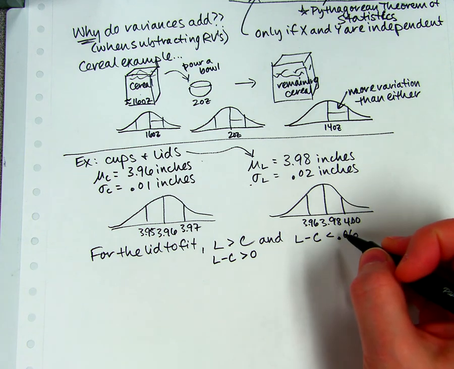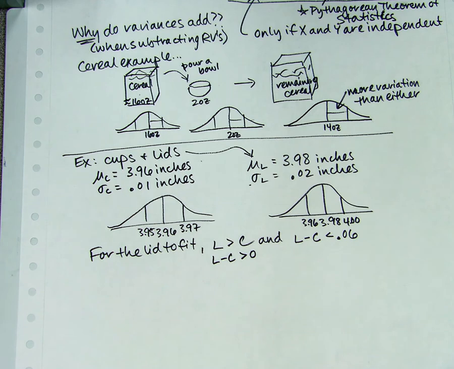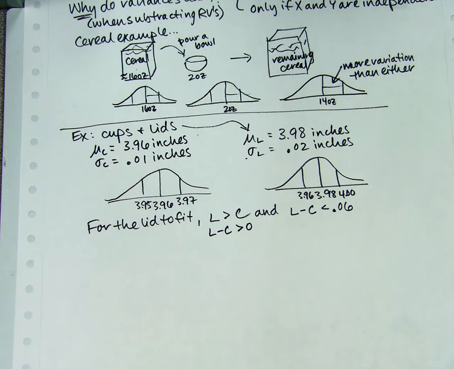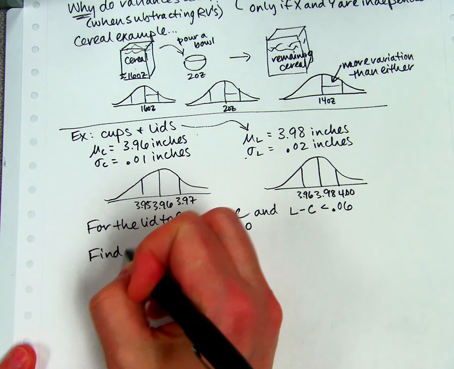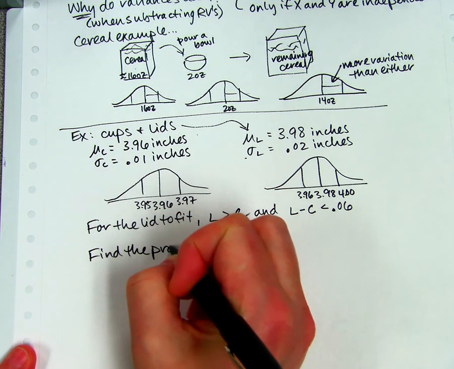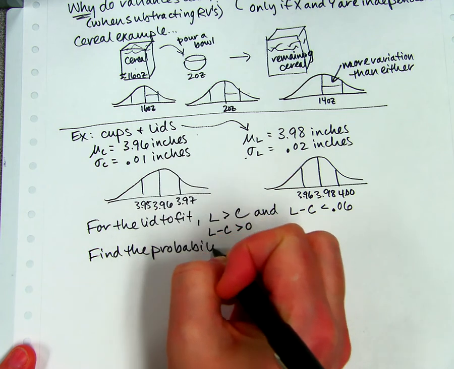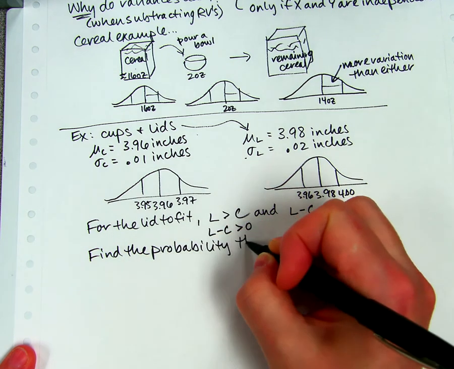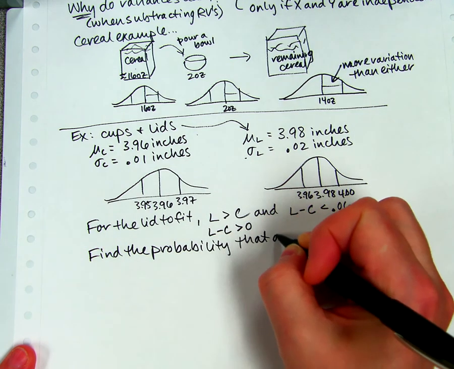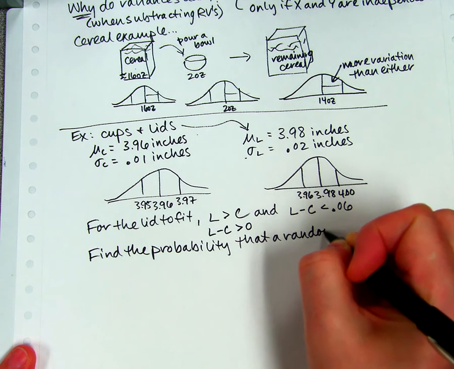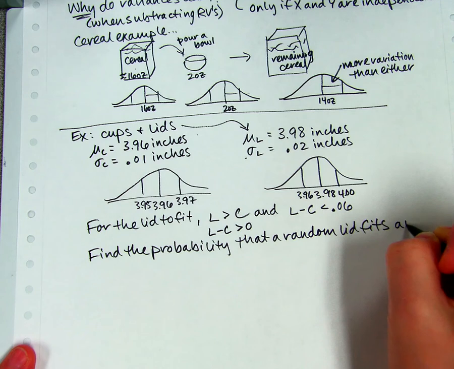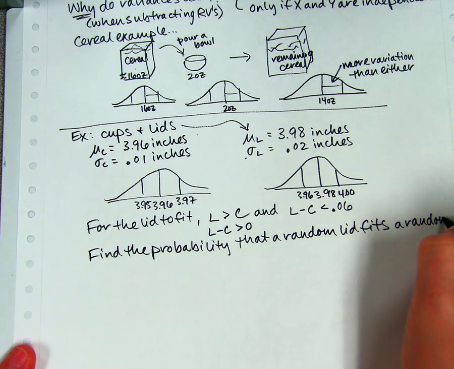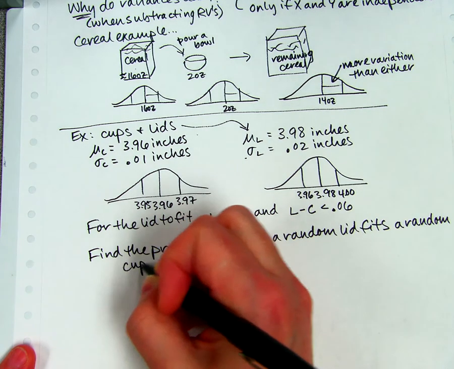And I'm going to grab a random cup and a random lid and hope that it works. I want to know the probability that my random cup and my random lid will work together. Find the probability that a random lid fits a random cup that I have just chosen off the stack of cups.